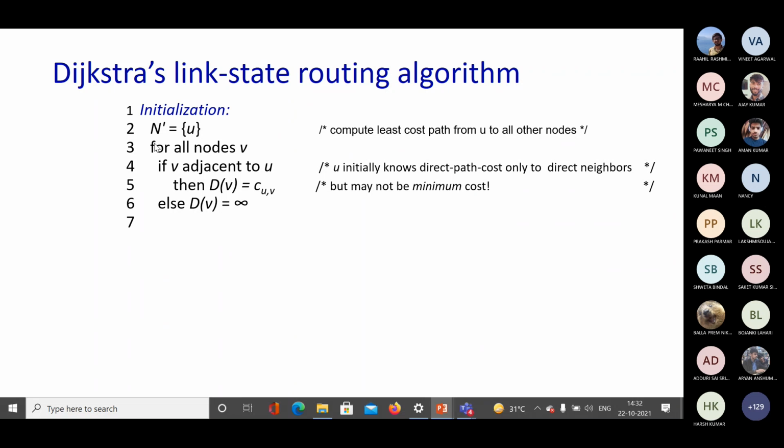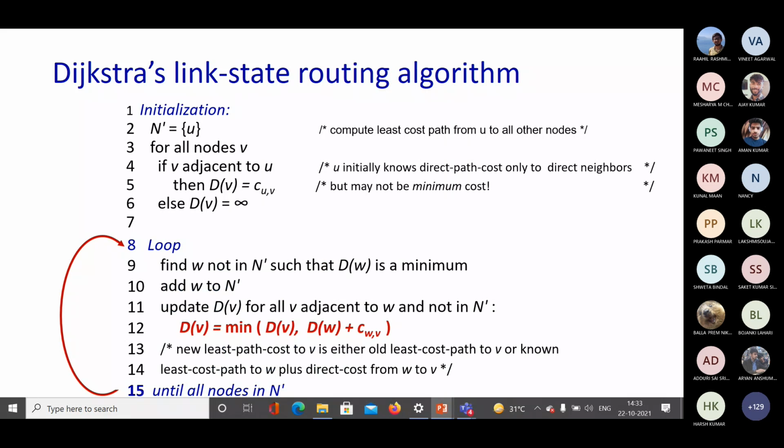Okay, so initially you compute the least cost path from U, U being the source node, to all other nodes. U initially knows the direct cost path only to its direct neighbors. So from the directly connected nodes of U, it finds out the cost that will be required for all the nodes which are there in the graph. Okay.